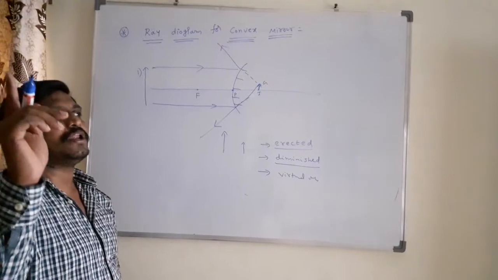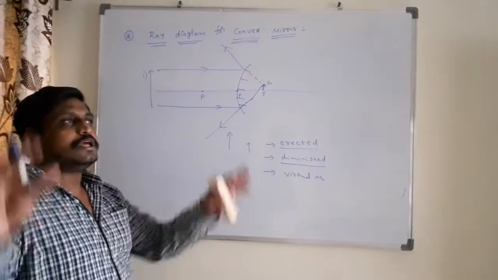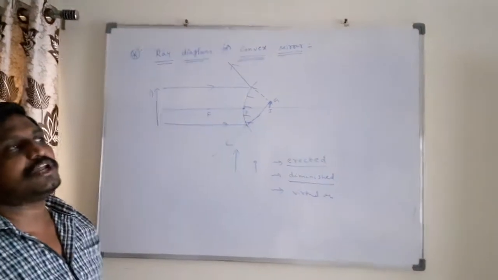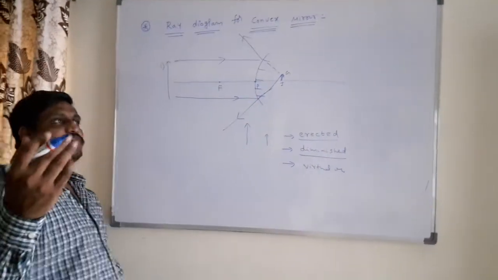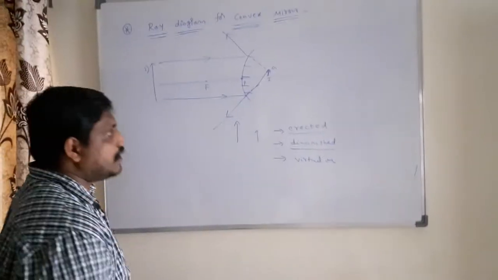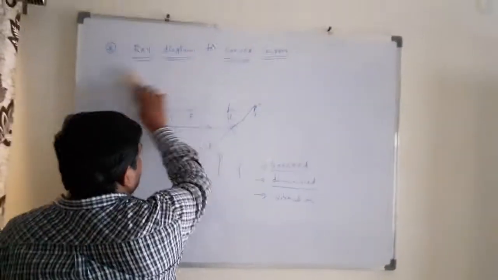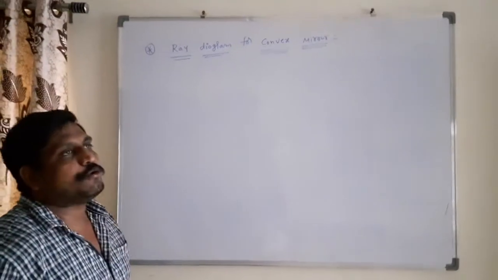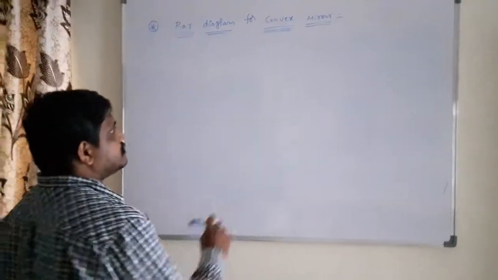Only concave mirror, all diagrams indicate object left side, image also left side. That means object in front of the mirror, image also in front of the mirror. Okay. Here, look here, nana. That means these concave mirror produce the erected image, nana.